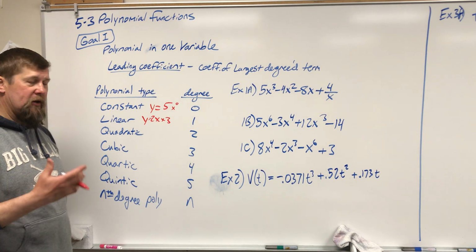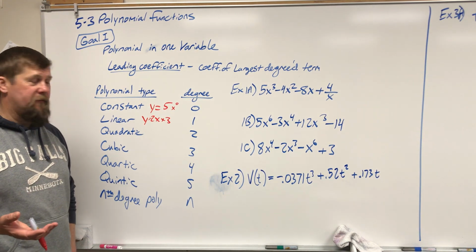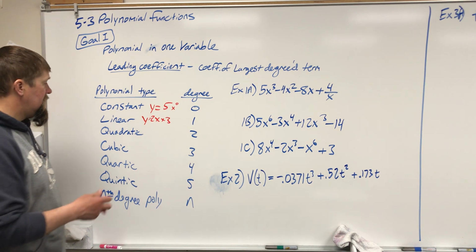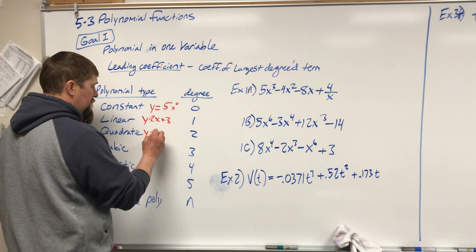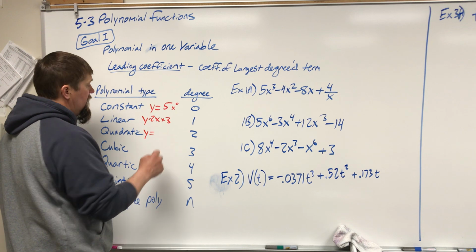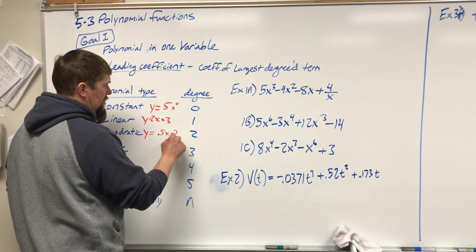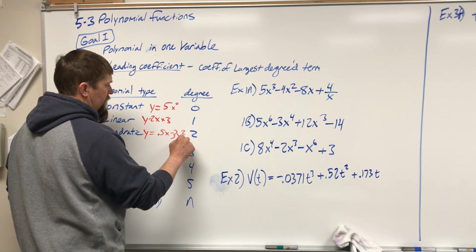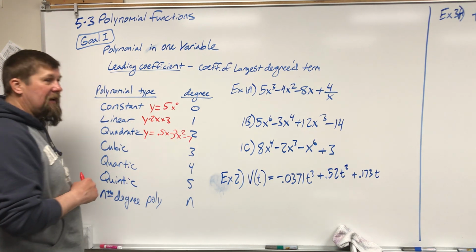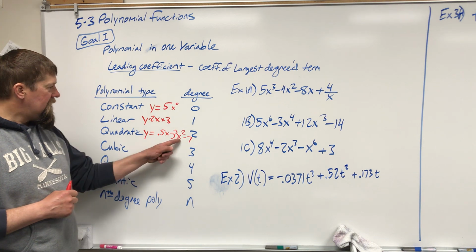Quadratic. A quadratic polynomial we just spent chapter 4 on. The largest degree term is going to be a square, and so you might have 0.5x minus 3x squared minus 7. Well, negative 3 would be your leading coefficient. It's quadratic.